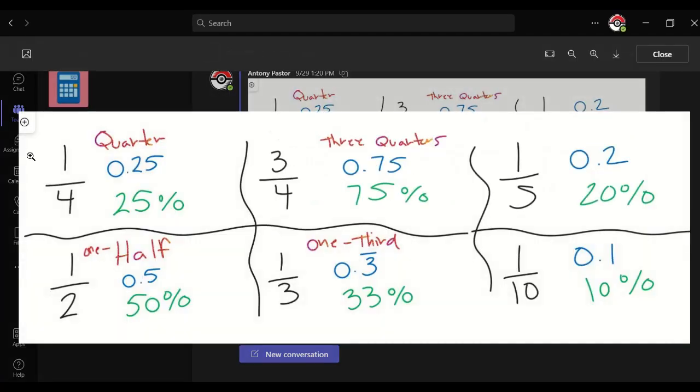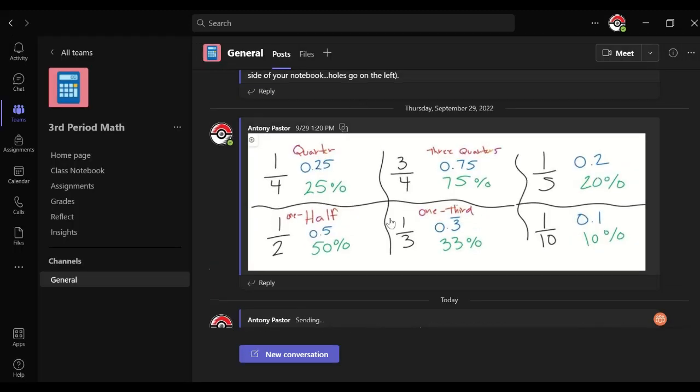Again, 1/4 is a quarter, 0.25 as a decimal, 25% as a percent, 1/2, 0.5 or 50%, 3/4, 0.75 or 75%, 1/3, 0.3 with the bar notation if you want to be specific, or 33%. 1/5 is 0.2 or 20%, and then 1/10, 0.1 or 10%. Again, this is on Teams, or you can pause the video and write those down.